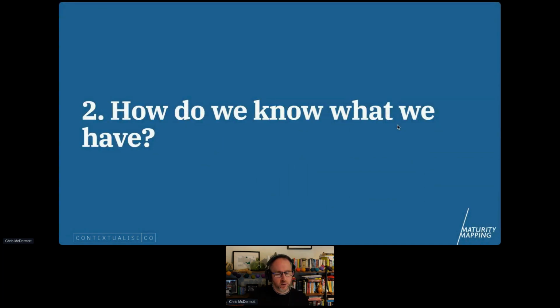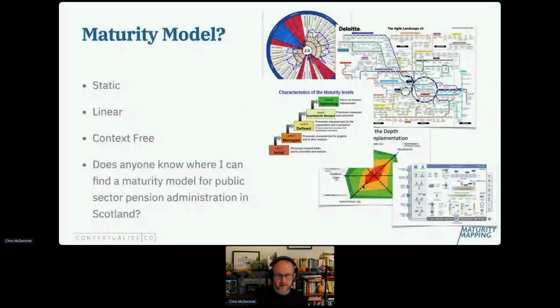Okay, so social practice theory. What we've just discussed is a bit of a grounding as to where we'll go forward now to start to answer the more practical questions. If we go back to the capability questions, like how do we know what capabilities we have, we could use a maturity model, perhaps.